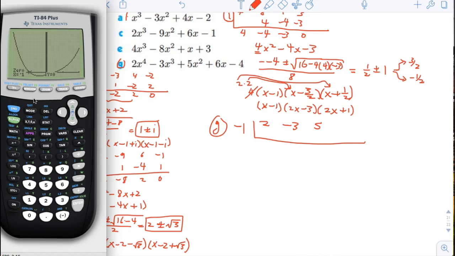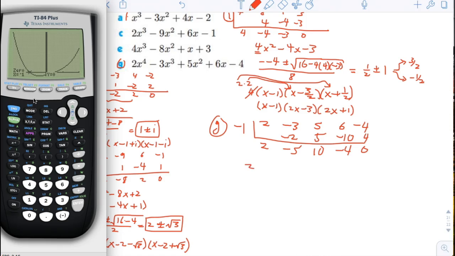They're really nice because they never skip one of the terms, which is one of the things that's easy to mess up on synthetic division when they skip a term. 2, -5, 5, -10, 4, -4. Okay, 0.